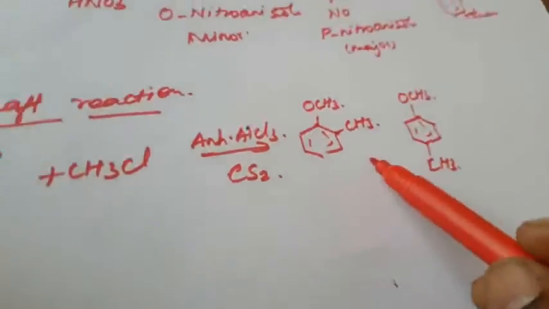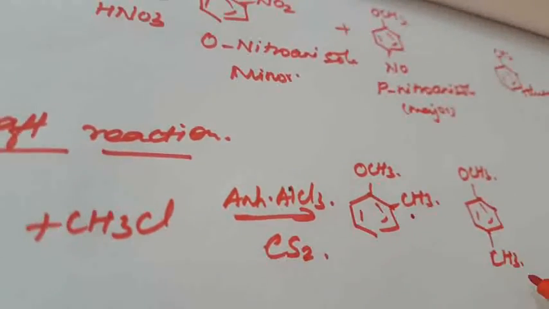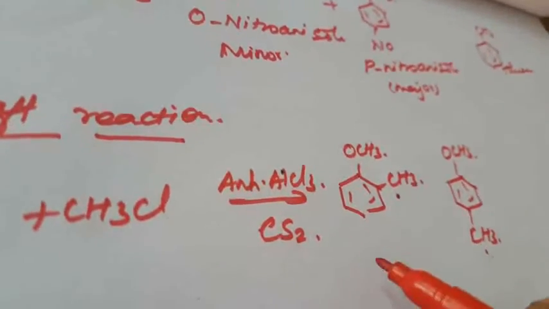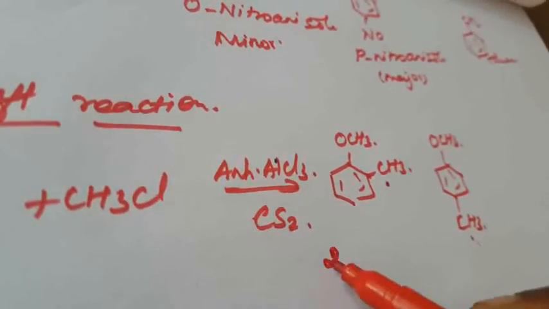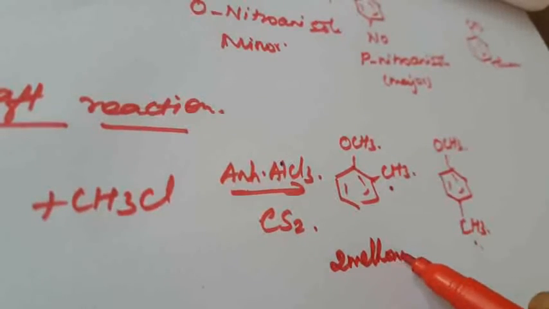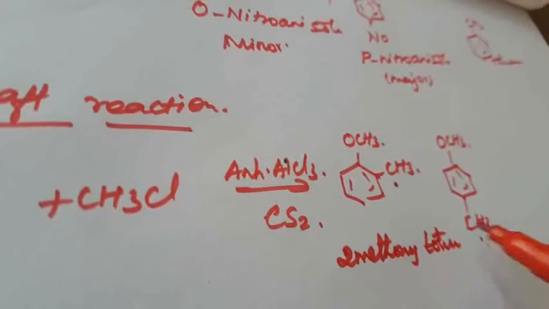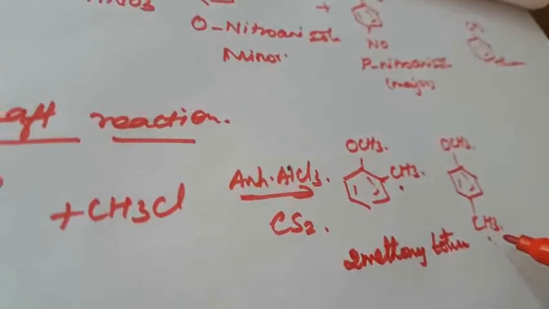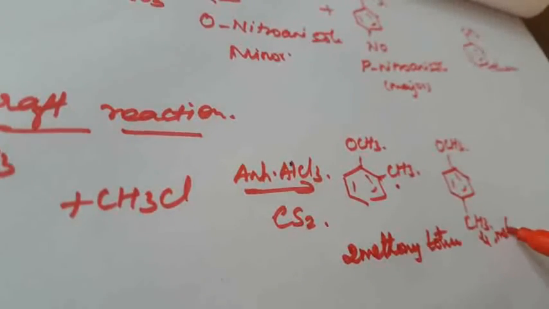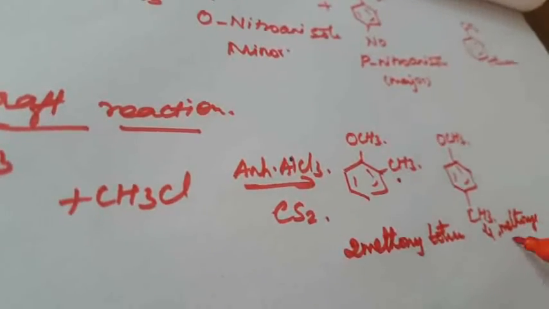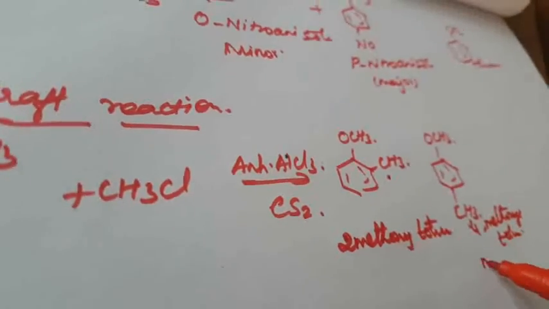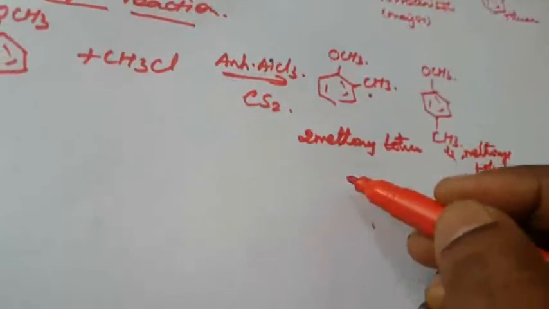So here is the ortho position on toluene, then the para position on toluene. That is how to write 2-methoxy toluene and 4-methoxy toluene. Okay, this is the major product, this is the minor product.